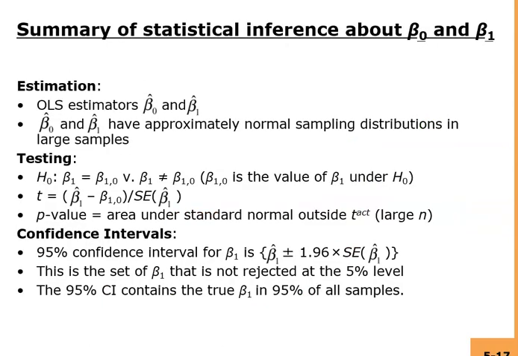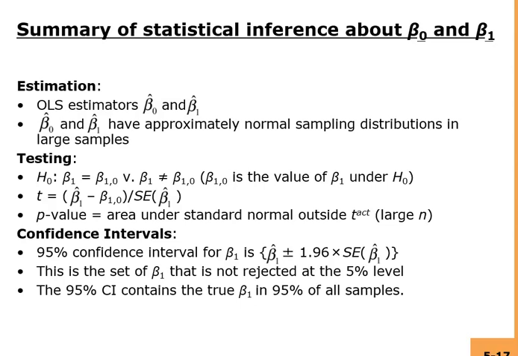To summarize all of this that we have covered so far, OLS estimators beta naught hat and beta 1 hat can be estimated through OLS analysis, and they have approximately normal sampling distributions in large samples. So we can also do hypothesis testing, and the usual null hypothesis that we test against is that the hypothesized population estimator is equal to 0.